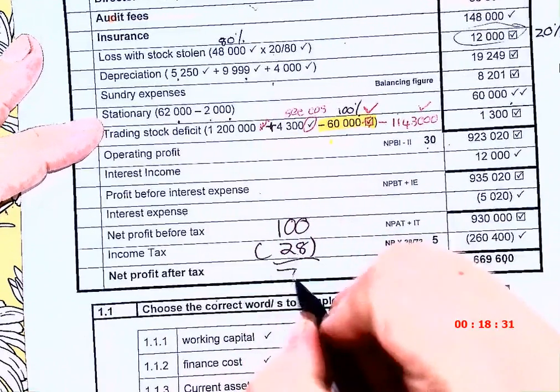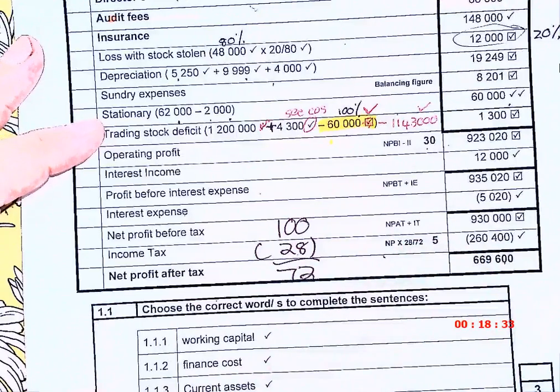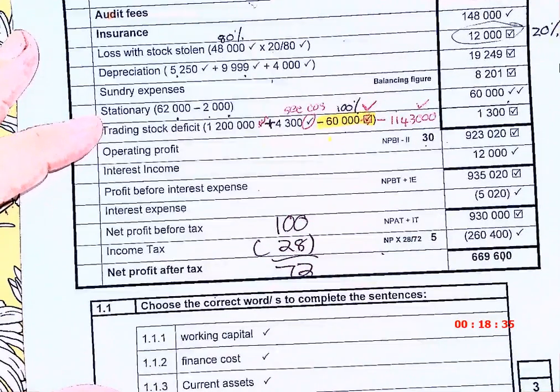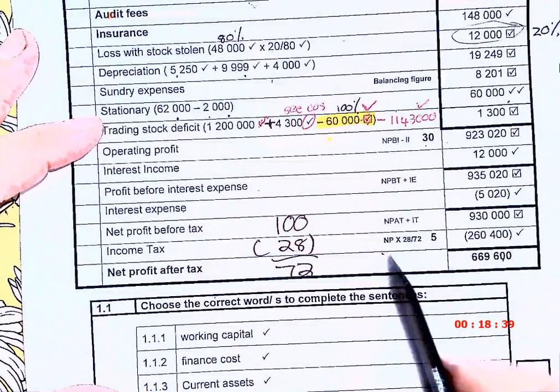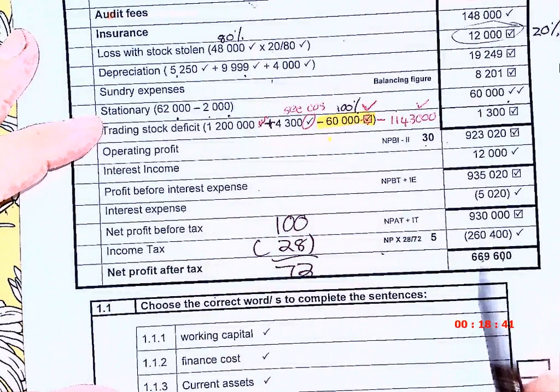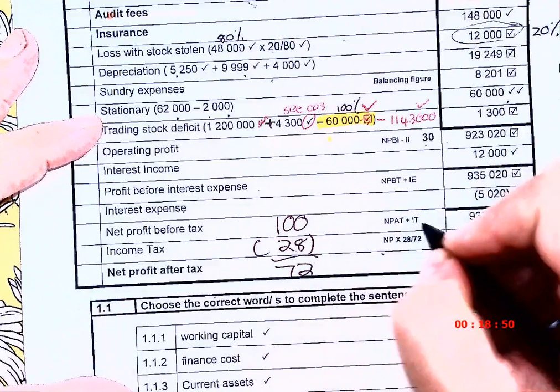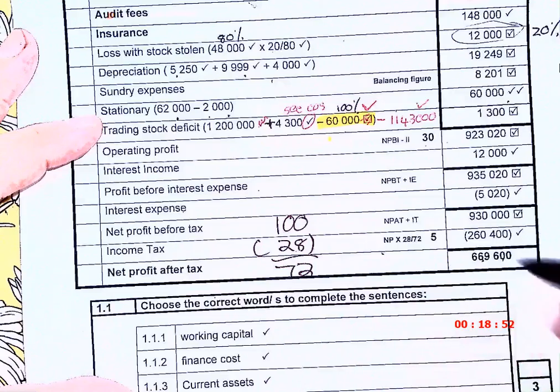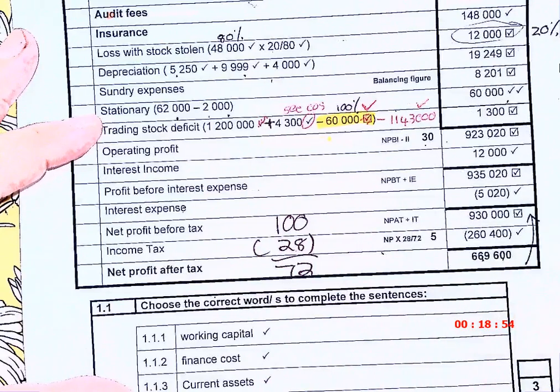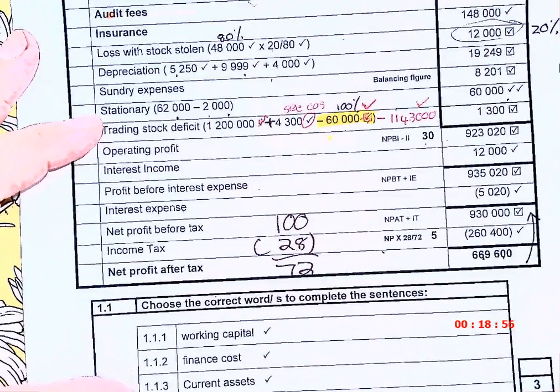Gives me 72. Okay. And so what the examiner here did is she said the net profit, the 669, times 28 over 72. You could have also said the net profit, and then she reversed it, you see. But you could have done it another way.